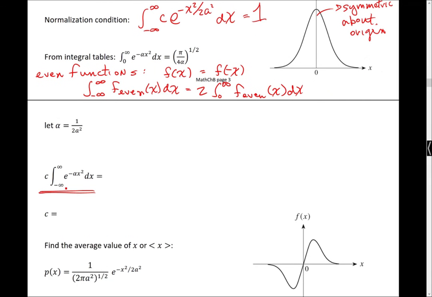Okay? All right, so next up, we want to find the normalization constant. So we're going to do this integral, right? We know that that's equal to 1, all right? And that's going to be equal to 2c times the integral from 0 to infinity of e to the minus alpha x squared dx.